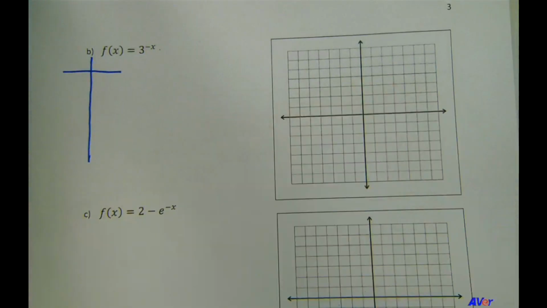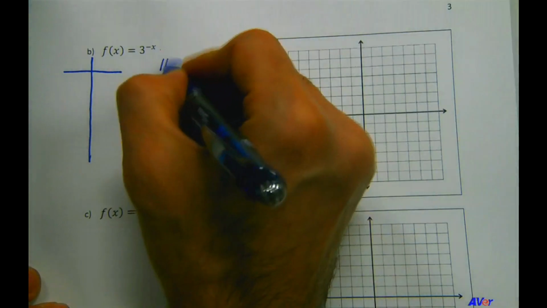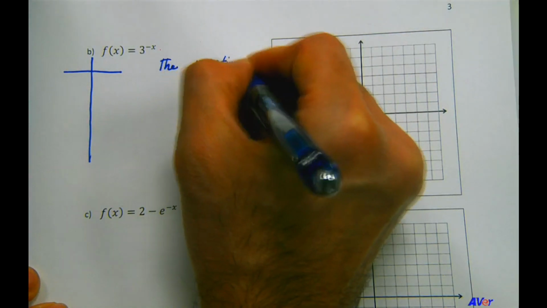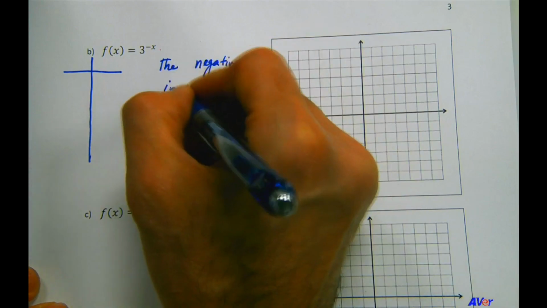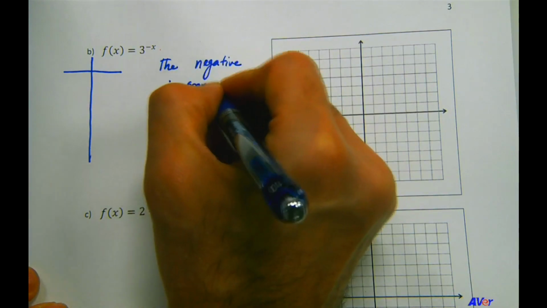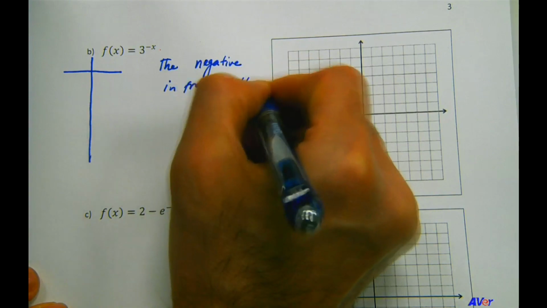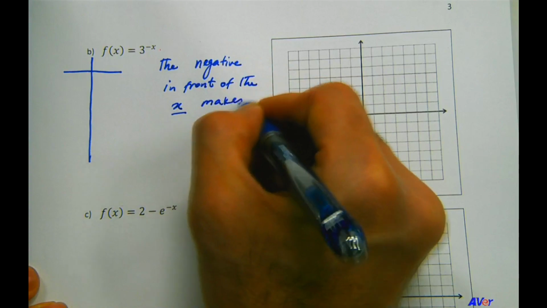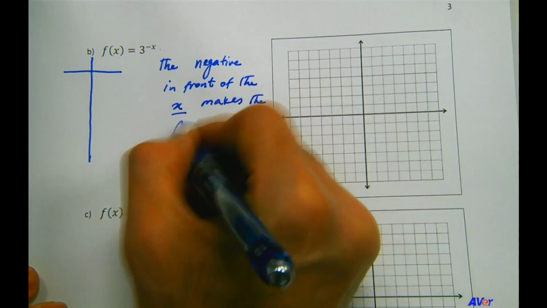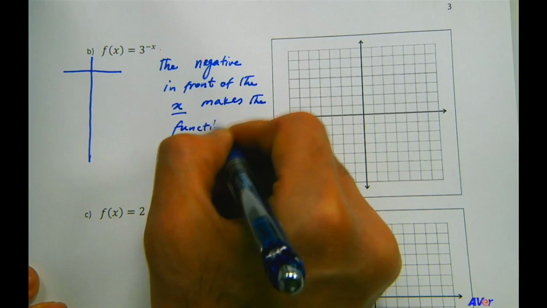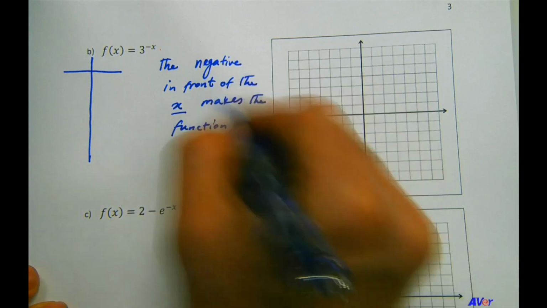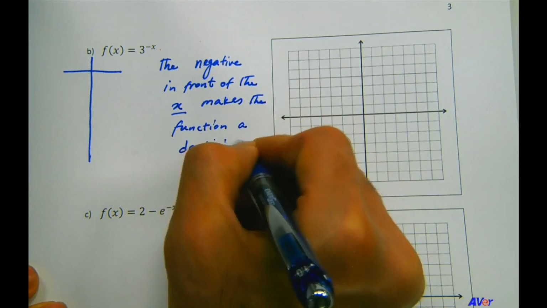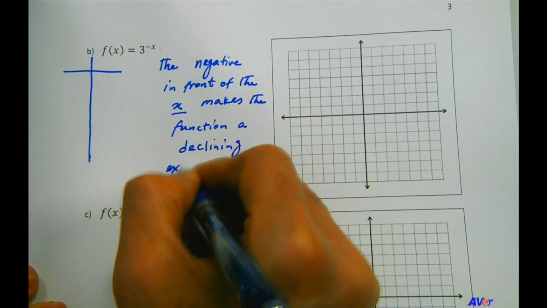So the negative in front of the x makes this function, or this exponential function, a declining exponential function.